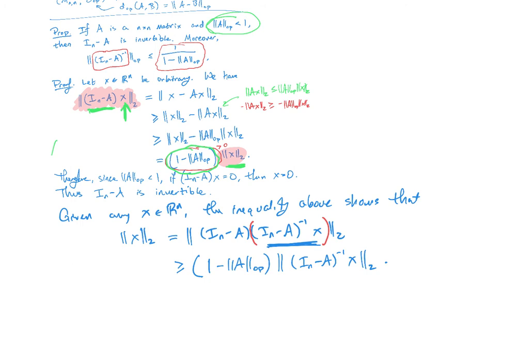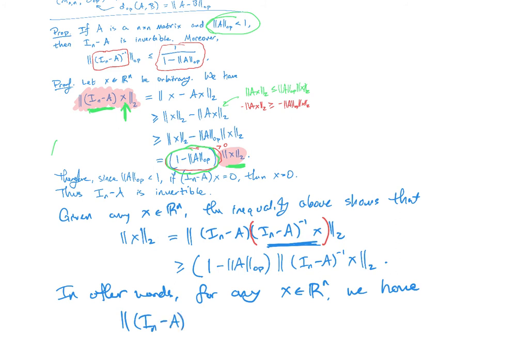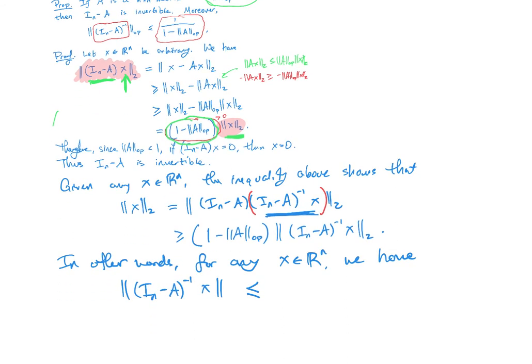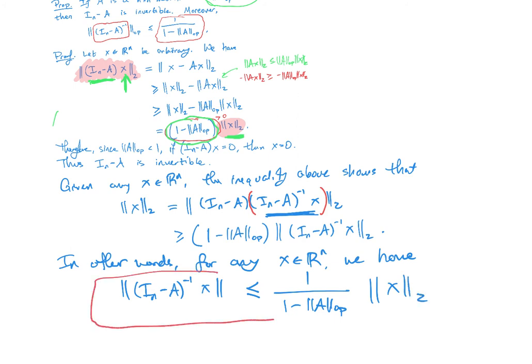Okay, you might not see it yet. Let's rewrite it. In other words, for any x in R^n, we have, let's solve for this one. We have this. How did I get that?